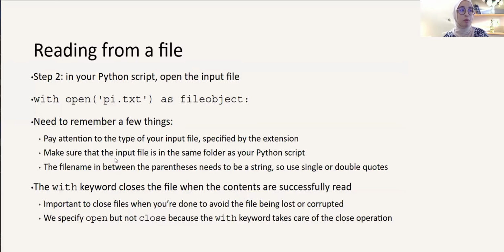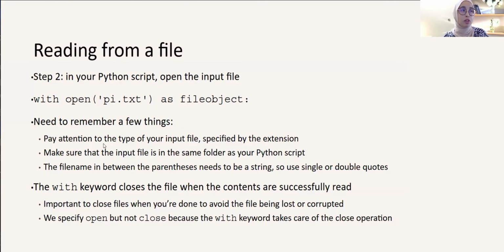Make sure that the input is in the same folder, and if not, add the path. The file name goes between the parentheses, after open, and you make sure that you use single or double quotes.